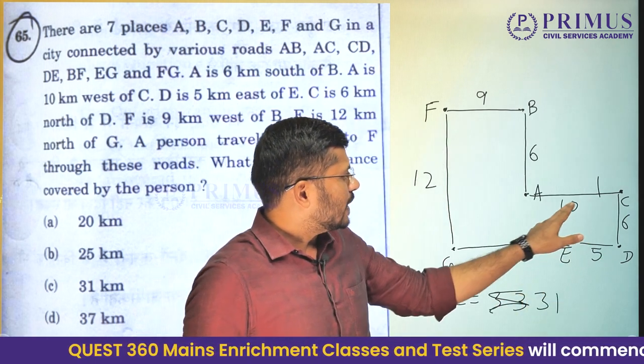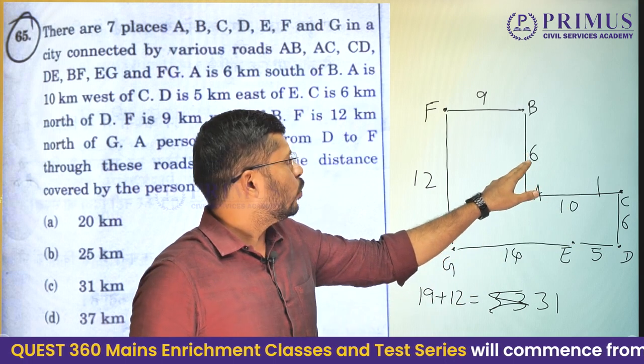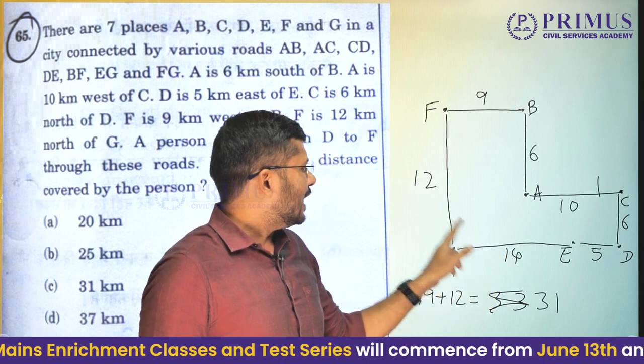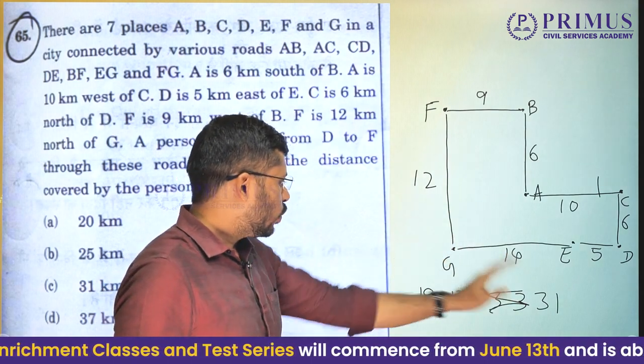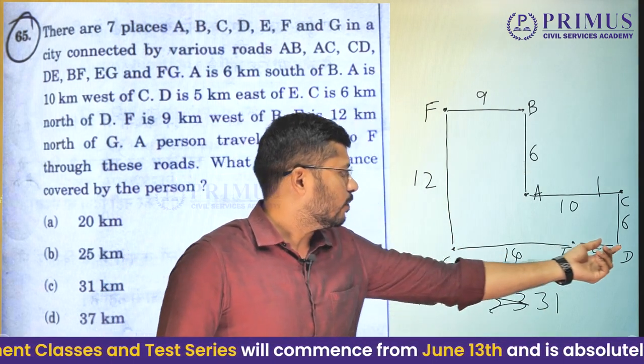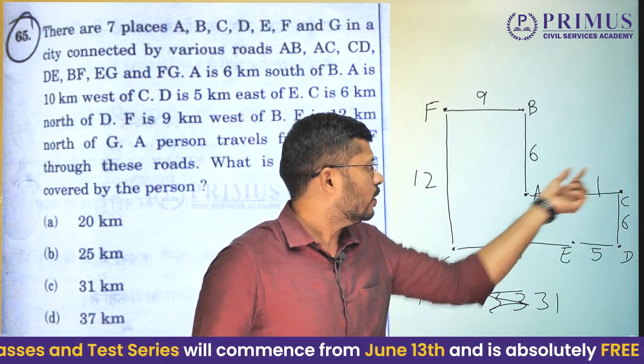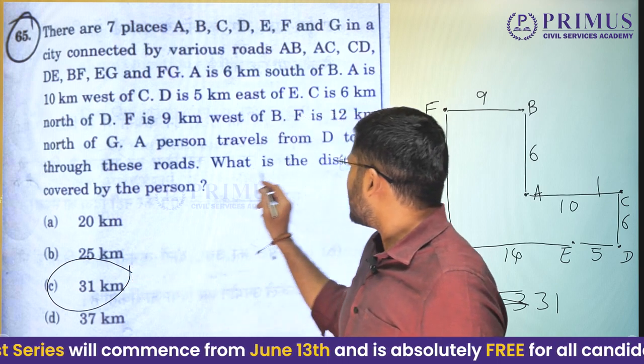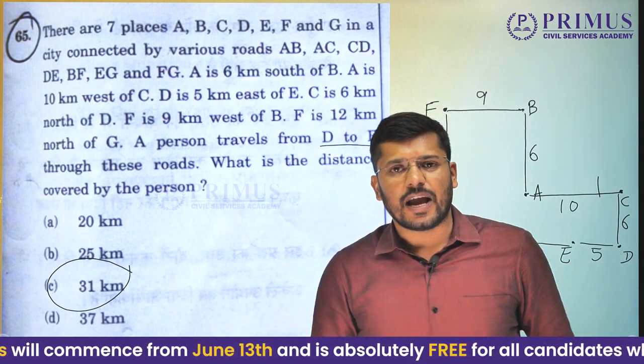Count here, 6 plus 10 is 16, 16 plus 6 is 22, 22 plus 9 is 31, or 5 plus 14 is 19, 19 plus 12 is 31. So whichever way he may take, he will always be traveling only 31 kilometers if he is traveling from D to F.